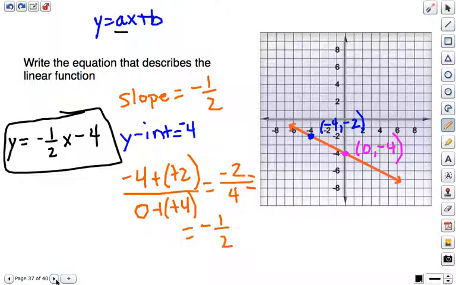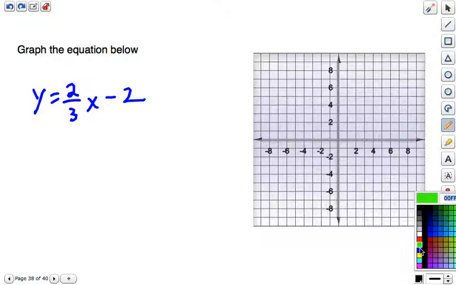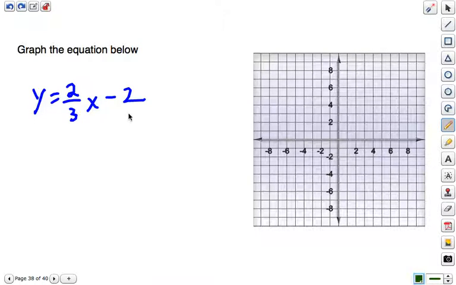Okay, now let's look at another one. Here we're given an equation and we need to graph it. So let's just label the different parts of the equation and then we can easily graph this. So we know that this is going to be our y-intercept.